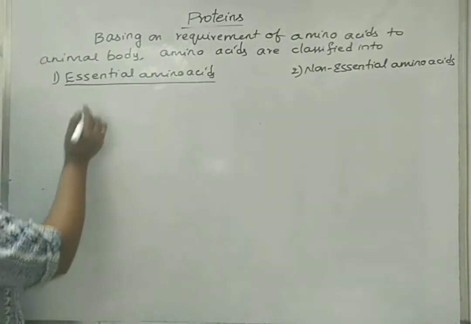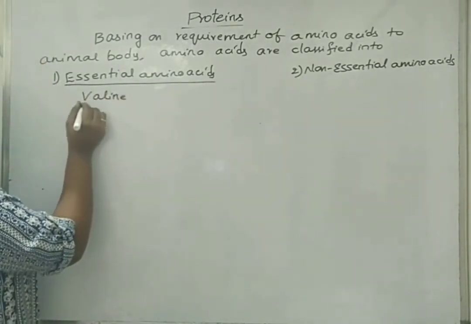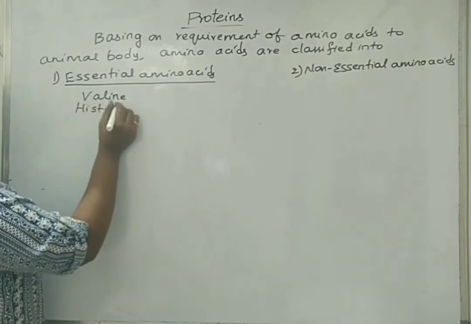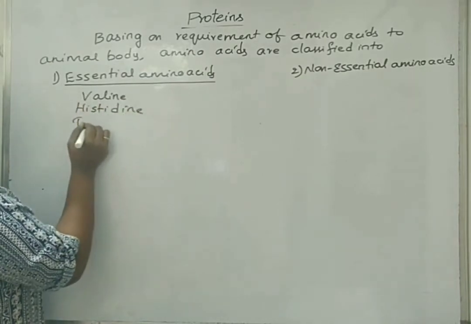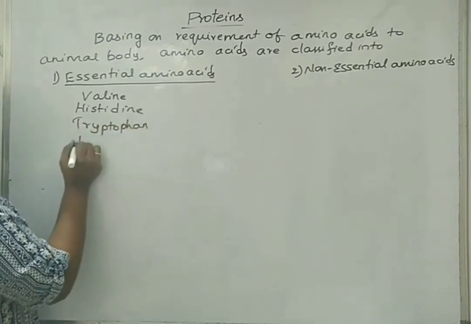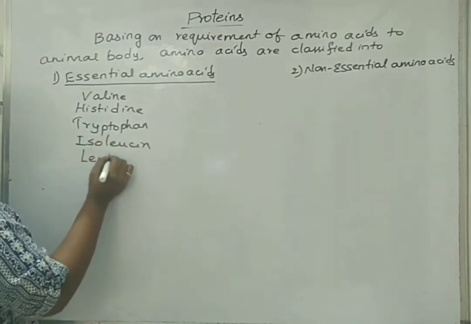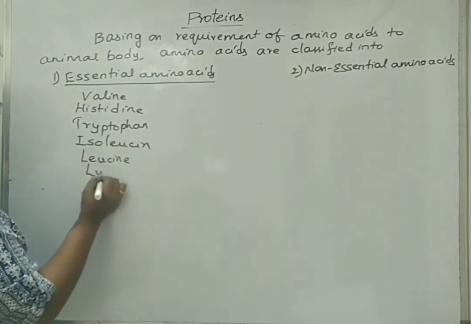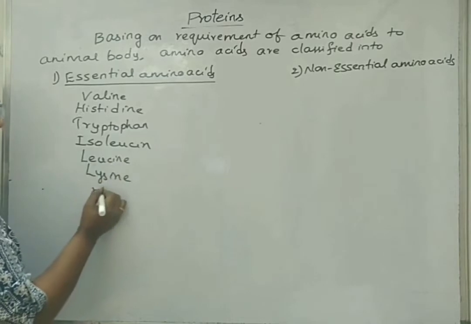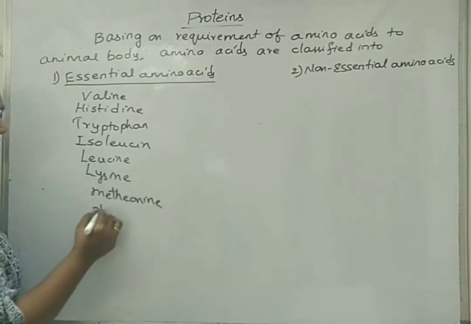Under essential, we can write valine, histidine, tryptophan, isoleucine, leucine, lysine, methionine, phenylalanine.